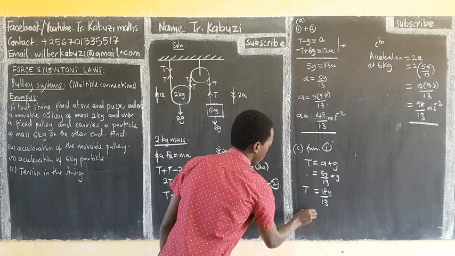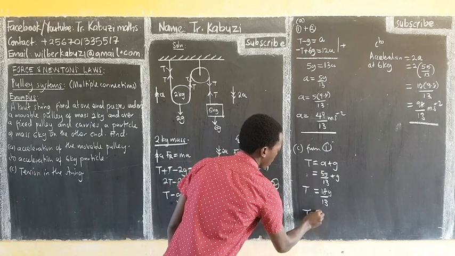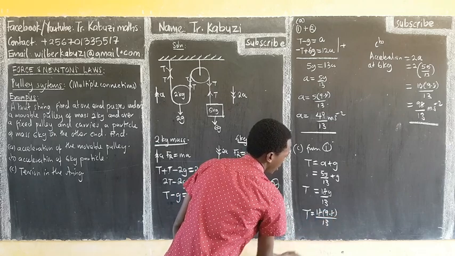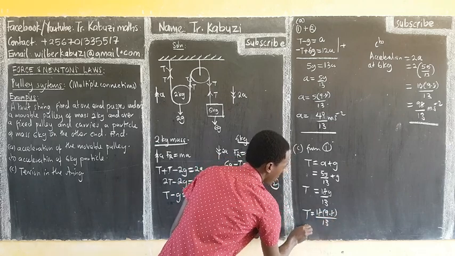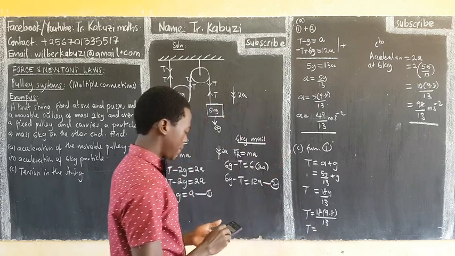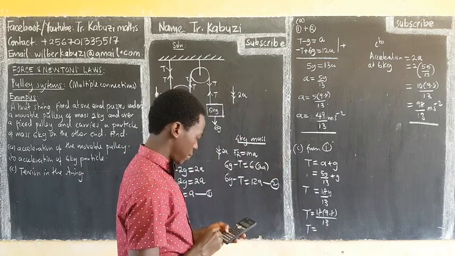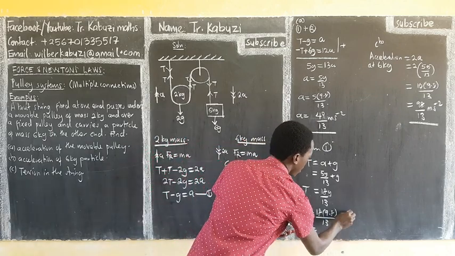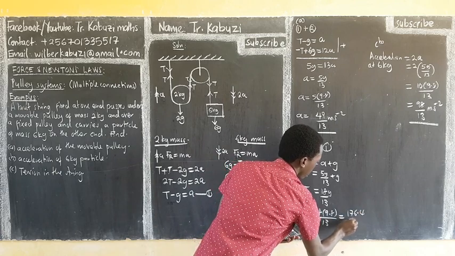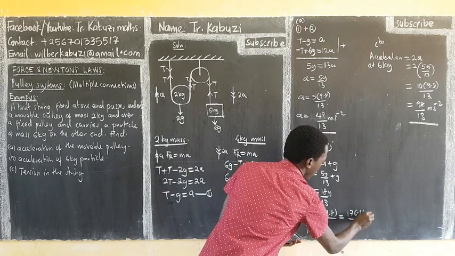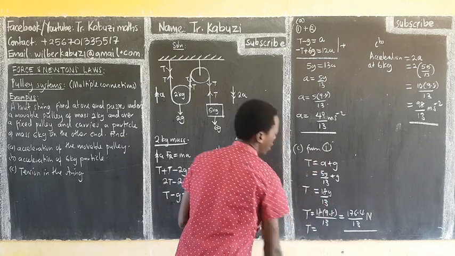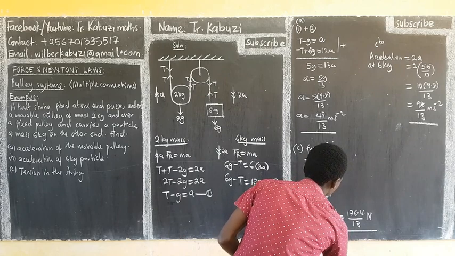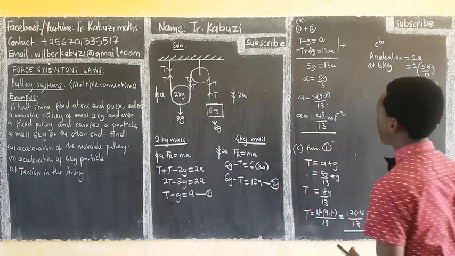So our tension will be 18 into 9.8 over 13, which gives 176.4 over 13, and these are in newtons. You can give the answer to a few decimal places, indicating that you are doing so. So that's how we handle it.